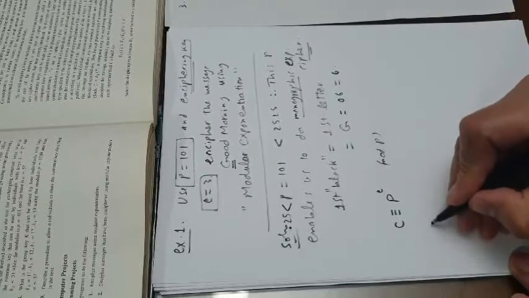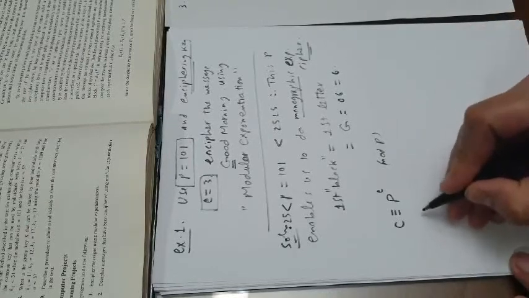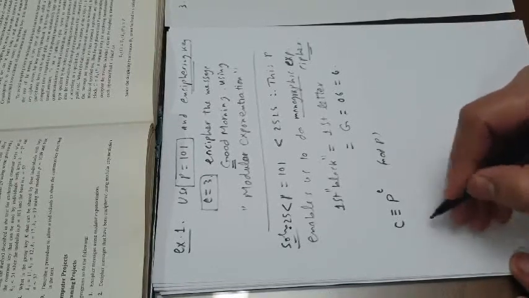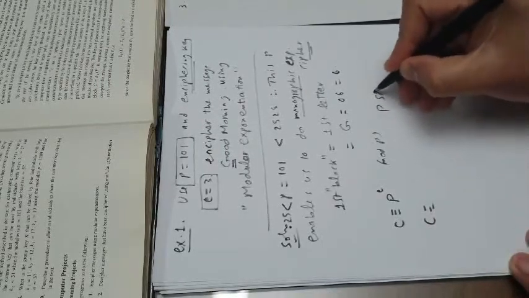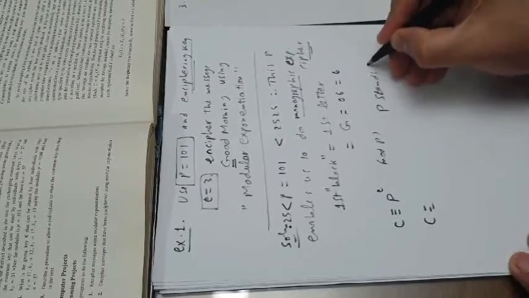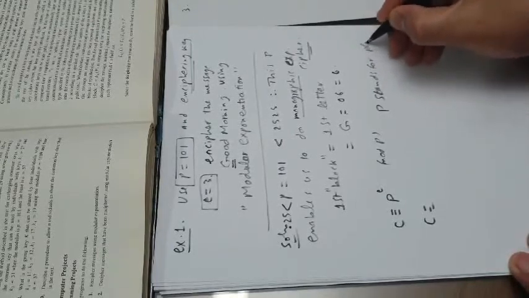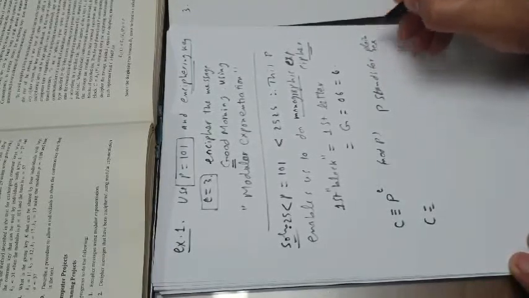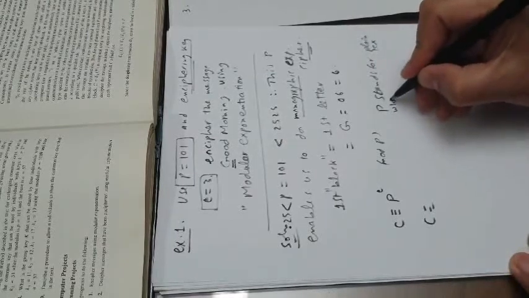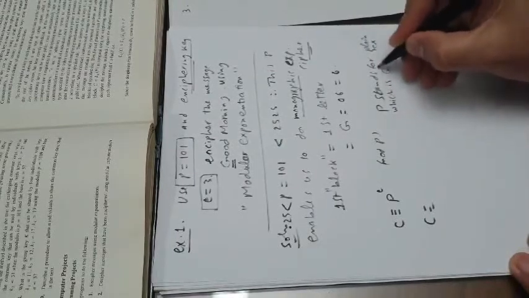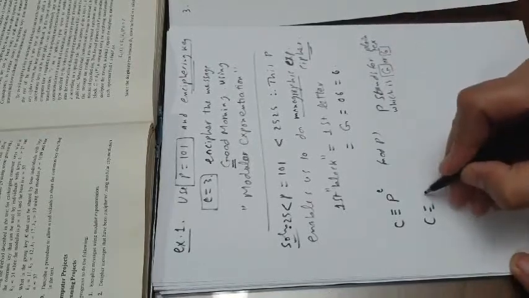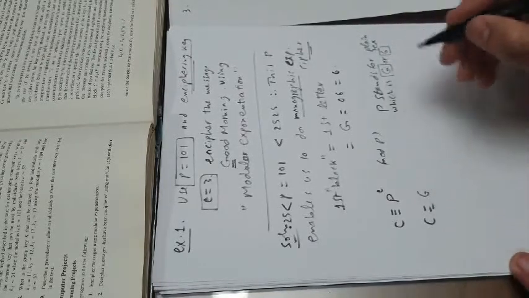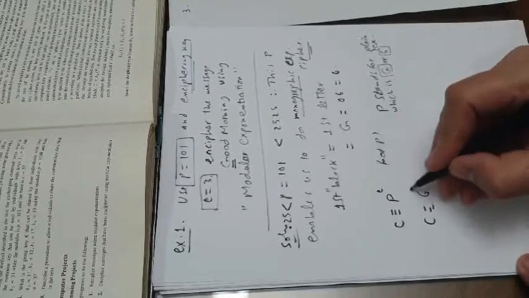So put B equals the plain text, which is G in this case, or 6. So C is 6 to the E. What is E? E is 3.